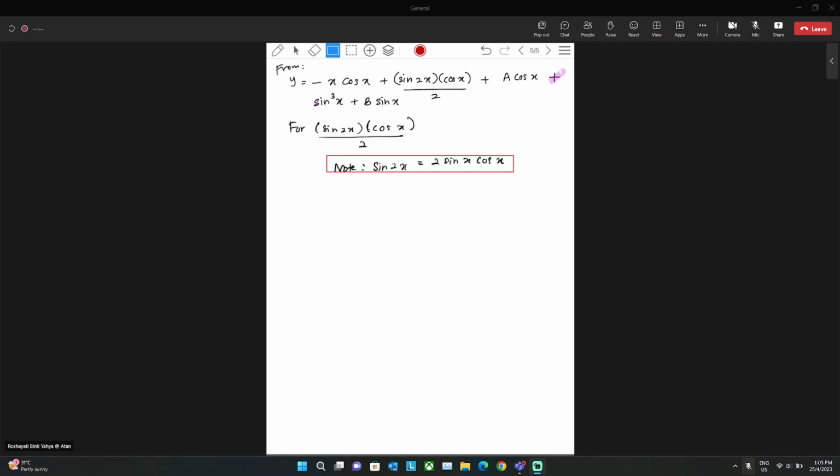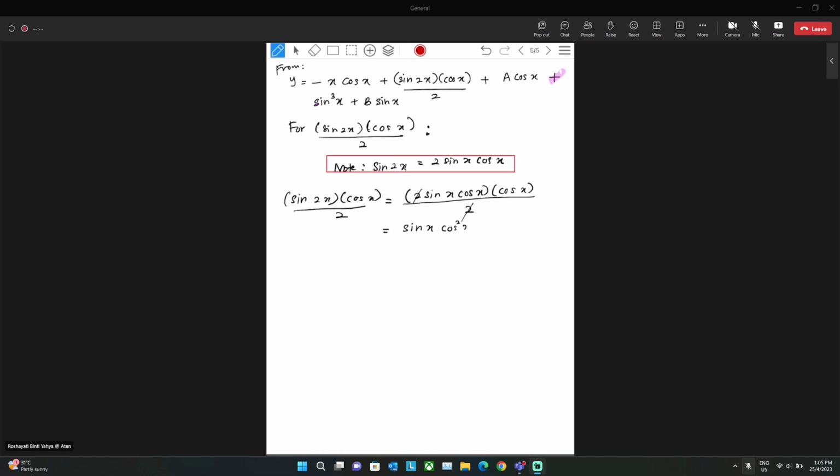So we can change it: sin 2x cos x over 2 equal to 2 sin x cos x multiply with cos x over 2. So the 2 we can cancel, so sin x cos squared x.